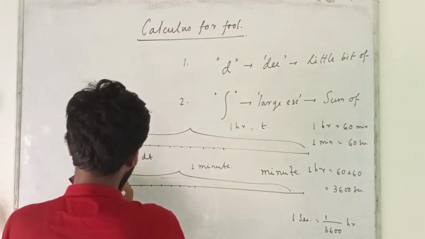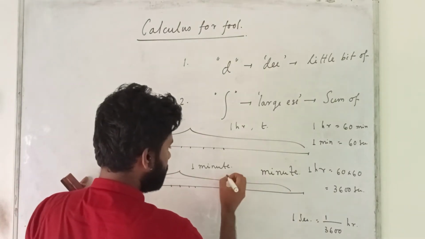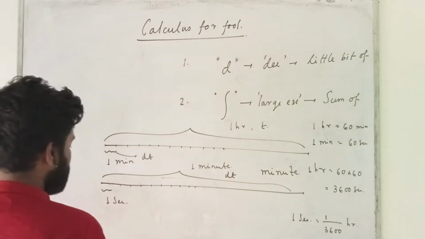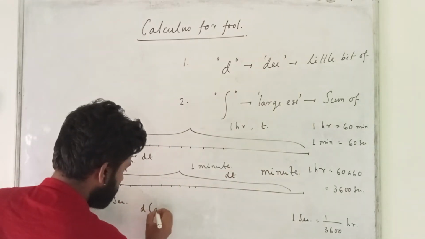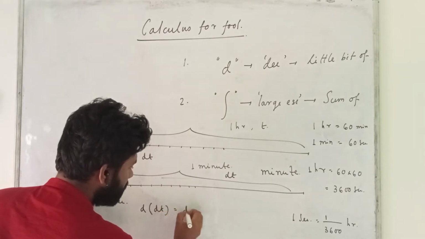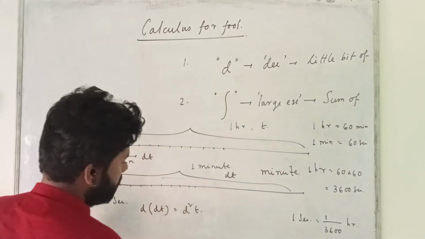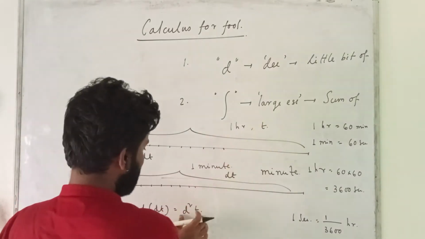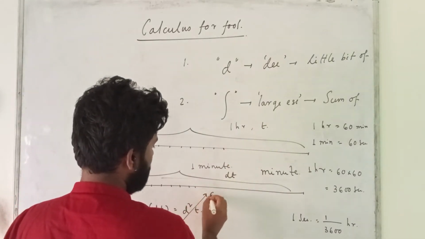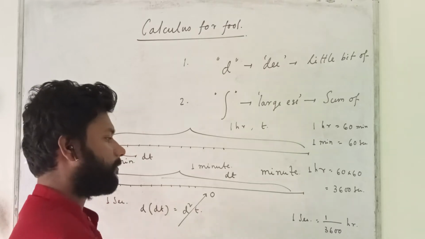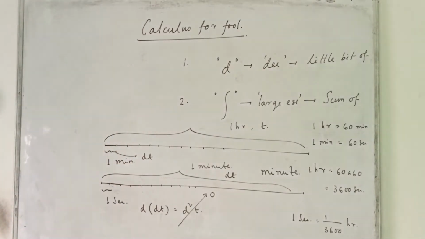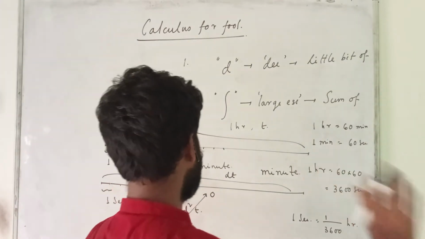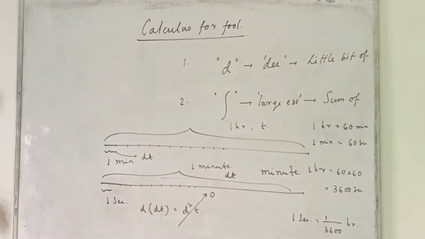If 1 minute is dt, the second fraction is d dt, that is d squared t. In comparison with t, you can cancel it out, because it is a very small fraction. So you can cancel it out, it goes to 0.